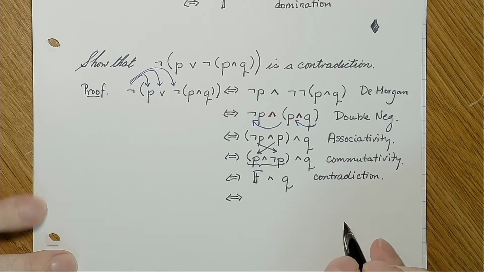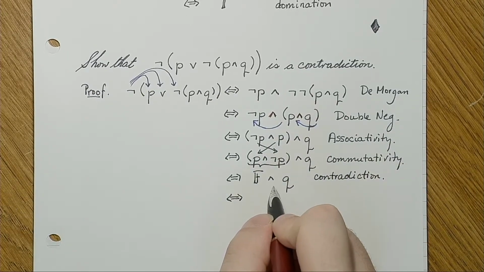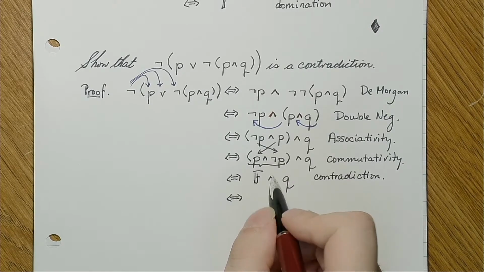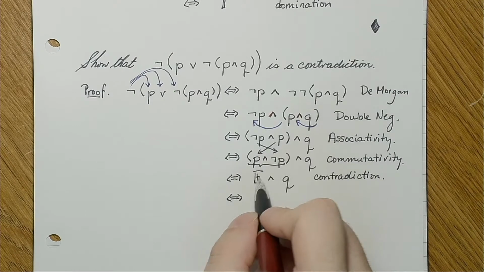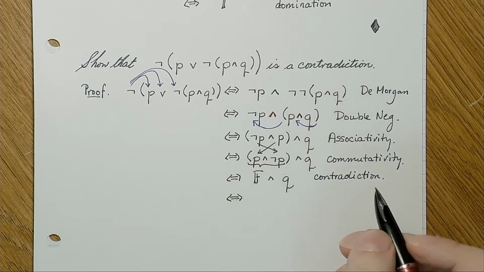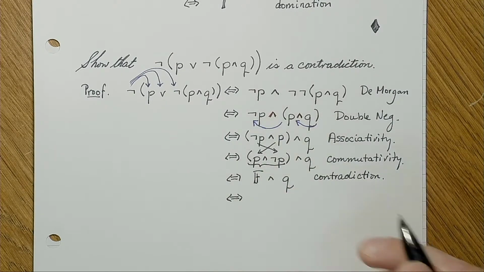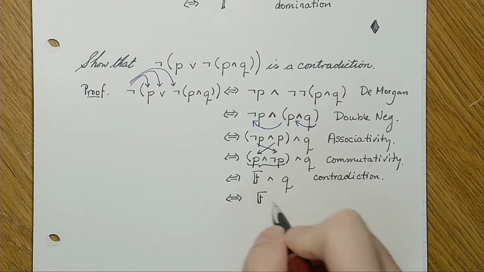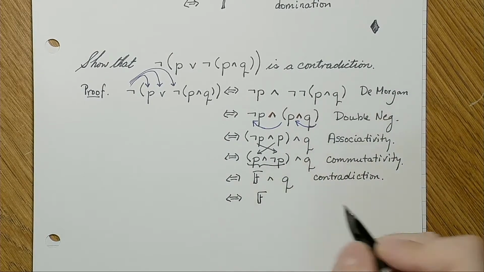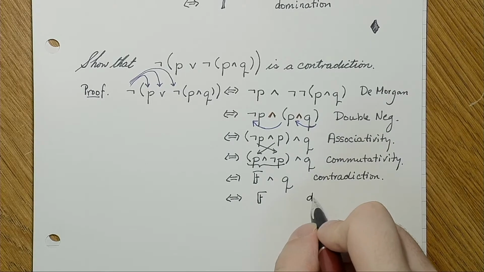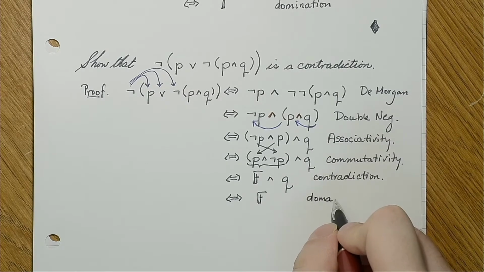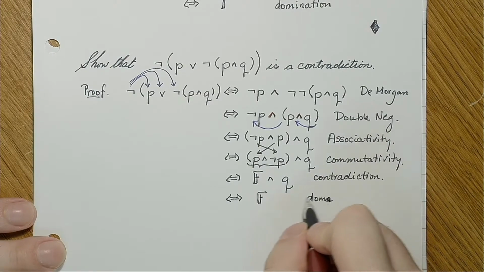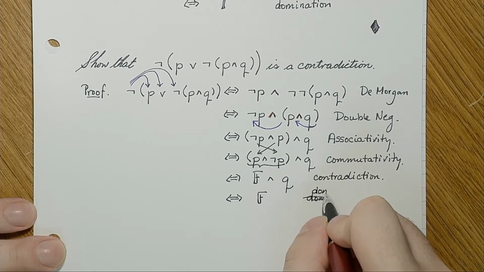And this is also another form of domination, in that for the and to be true, you have to have both of them to be true. But this is always going to be false. So because one of the propositions is always false, this is logically equivalent to it always being false. I was about to write domain.